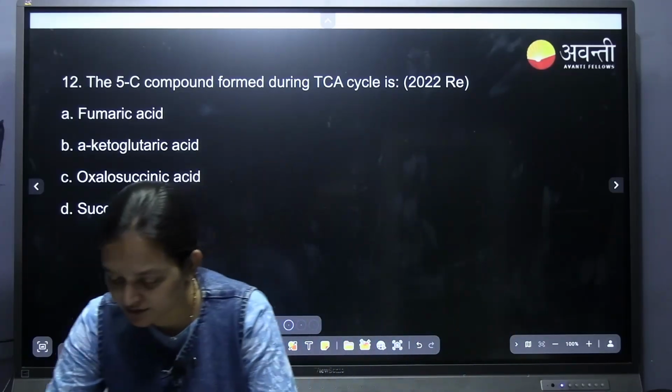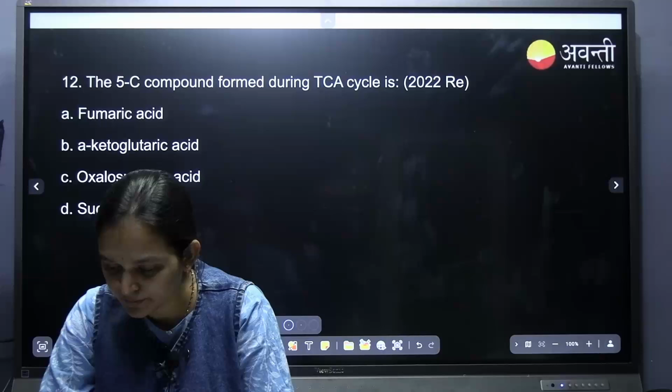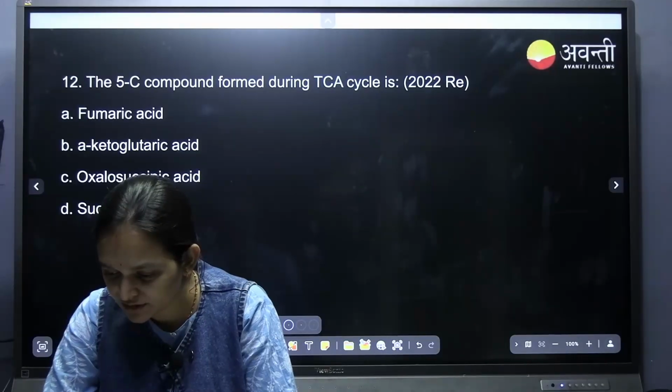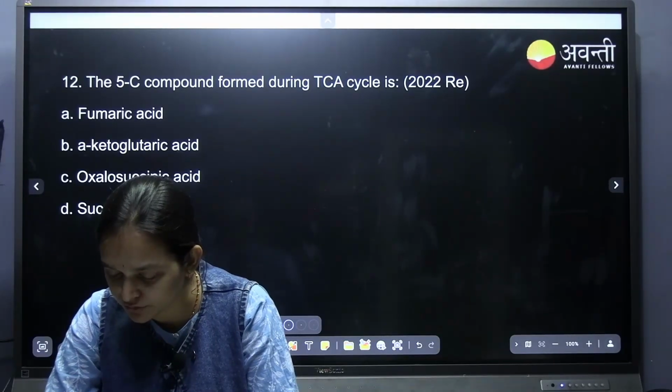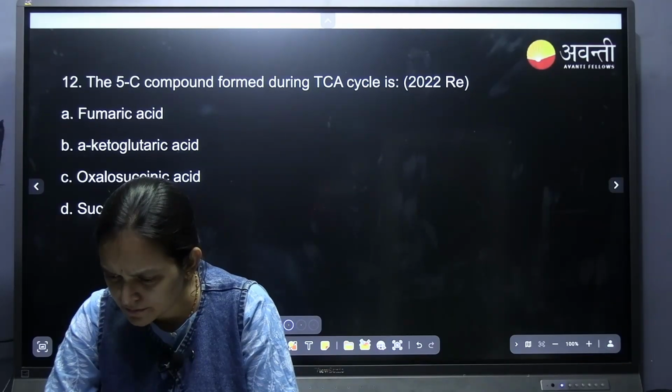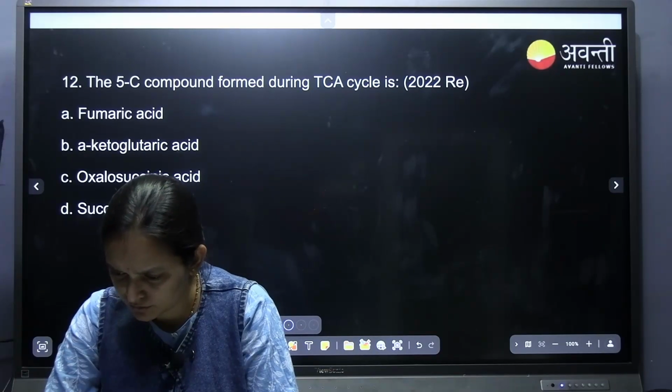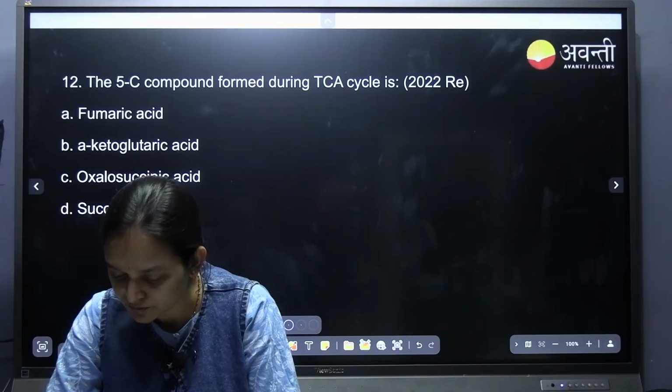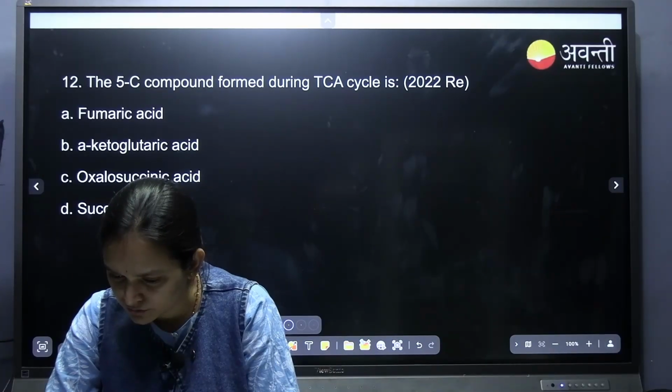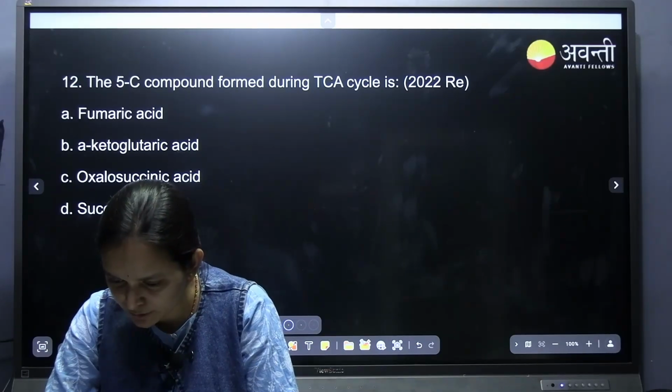Should we discuss the TCA cycle, the whole cycle once? Shall we discuss that before going for the questions? Yes or no? Just give me thumbs up. So should we discuss then?